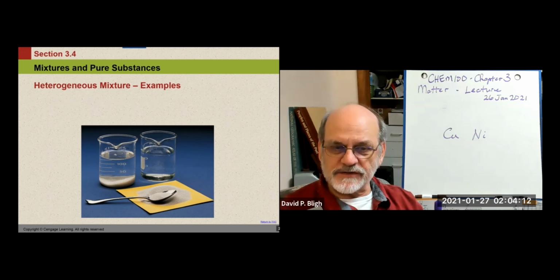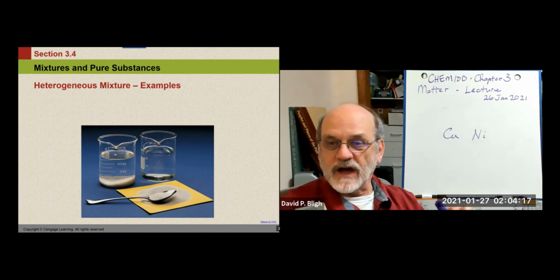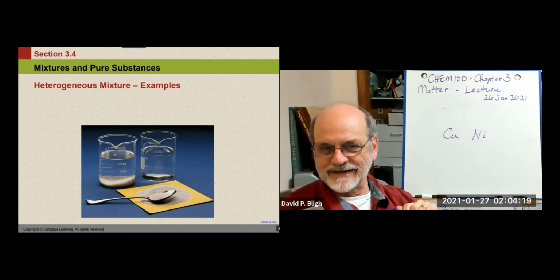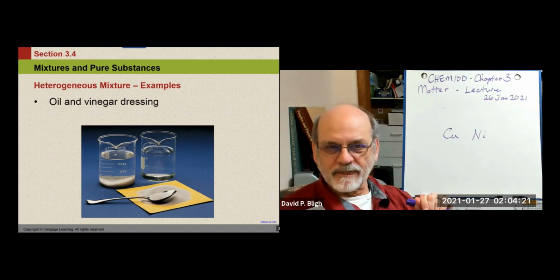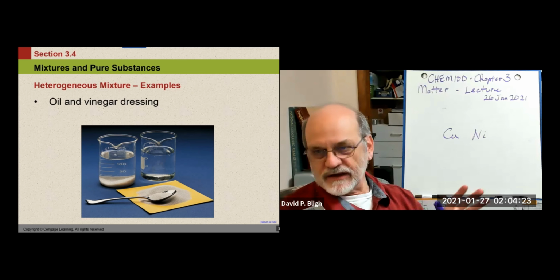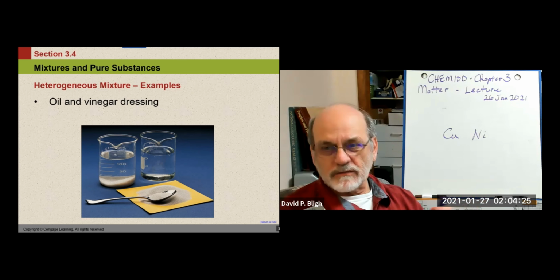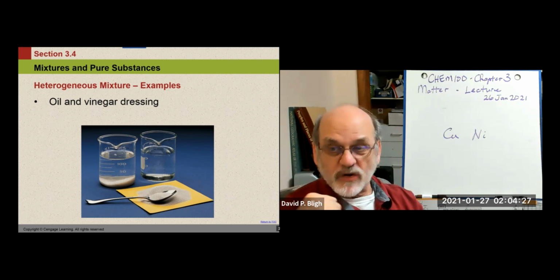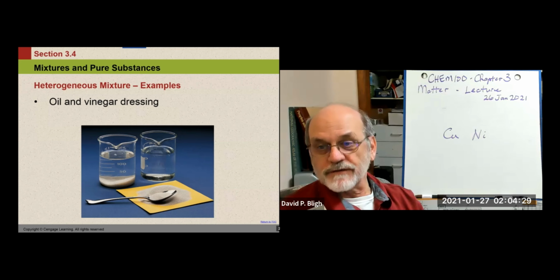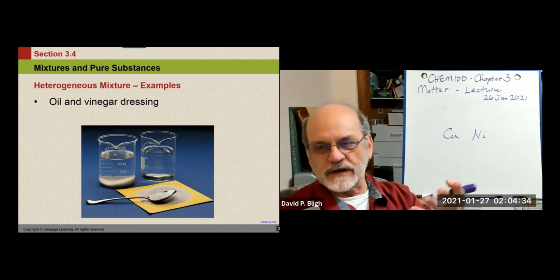So the composition of sand and water varies depending on whether you just stirred it up or you let it settle. Okay. Oil and vinegar don't mix. So you can mix them by vigorous shaking, but if you wait long enough, they will separate. And as they separate, they produce regions of differing composition.